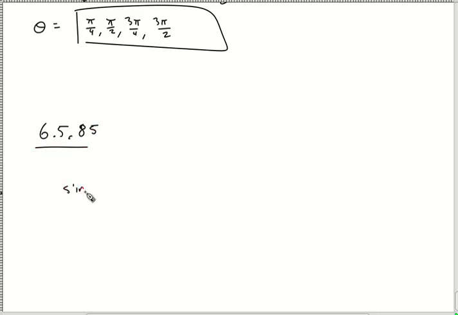Next one. It says sine of x is equal to a negative 0.5112. And again, they say, hey, find everything between 0 and 2 pi. So I want to just clarify something here, if that's okay. This is 0 until about 6.28.